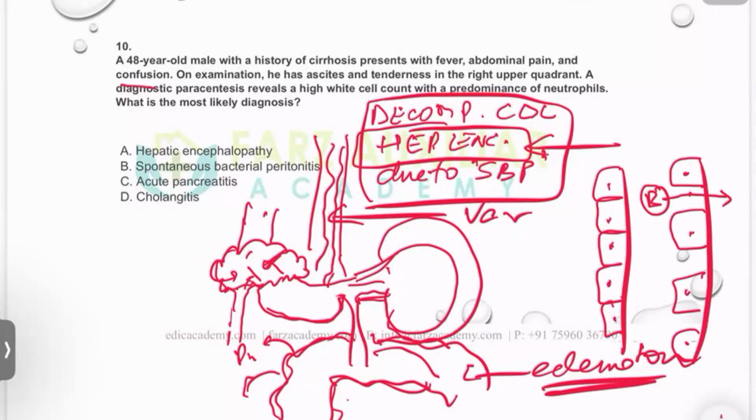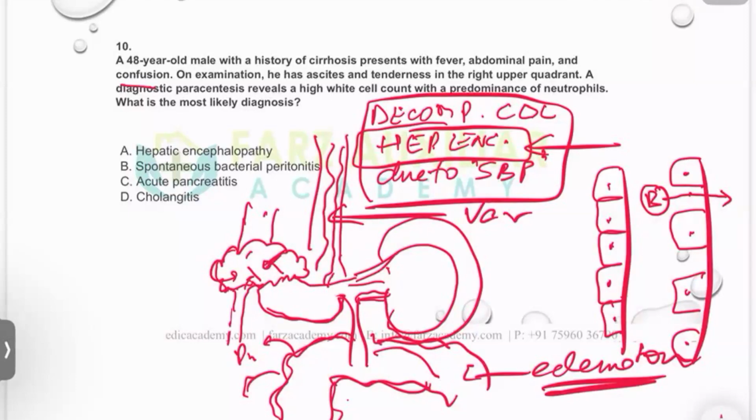Yes, because of the edematous intestines, the bacteria will translocate from the colon into the free space of the peritoneal cavity, into the ascites. And because there is so much protein, it is party time for them. They will eat up protein and multiply voraciously. And one day they will lead to peritonitis. Hence, it is called spontaneous bacterial peritonitis.